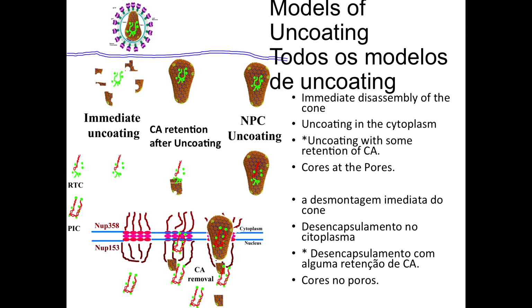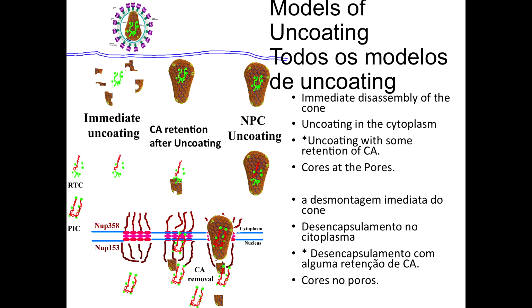The other model is that the cone itself falls apart, and there are a lot of things that happen even in the nucleus that have determinants in capsid influence. So we recently reported, and don't have time to go into that today, that a little bit of the capsid could stay part of that all the way to integration, and there's a consensus building on that.